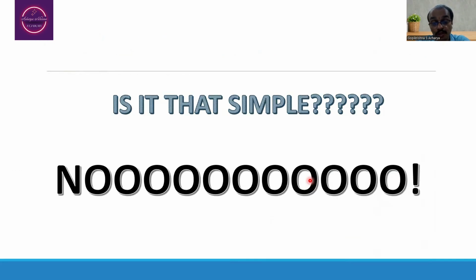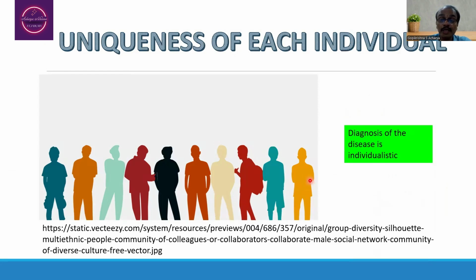Now, do you mean to say the identification of this Apana Vata and its function is very simple? No, it is a big no. Because of the uniqueness of each and every individual, if you ask a group of individuals to stand, you see the varied presentations of simple standing itself, so they may have their own way of standing as such.